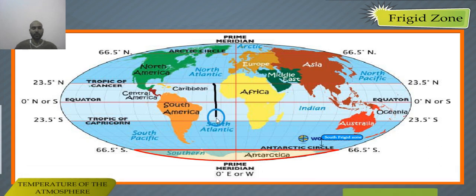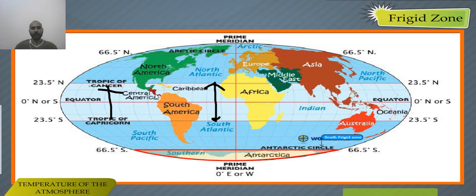Torrid zone is a zone between the Tropic of Cancer and the Tropic of Capricorn. So this area between the Tropic of Cancer, equator and the Tropic of Capricorn is called torrid zone. So all the countries that lie in this area will have more heat as compared to other parts of the world.